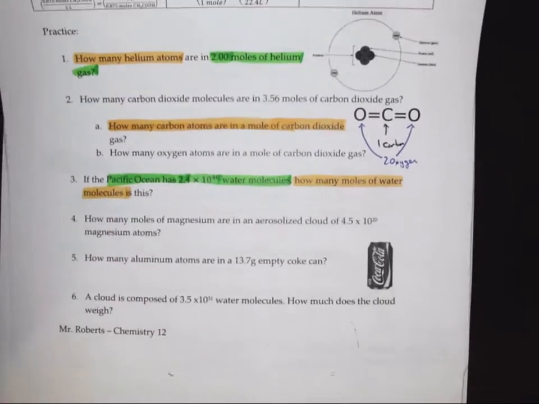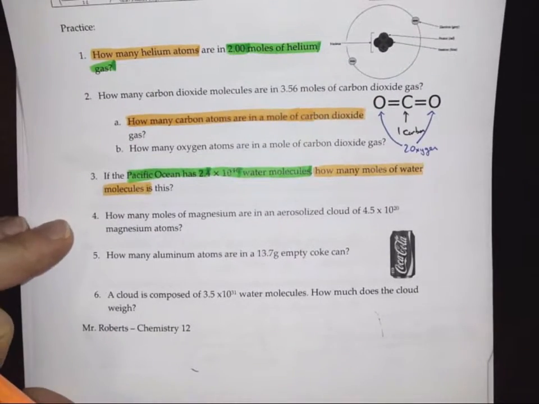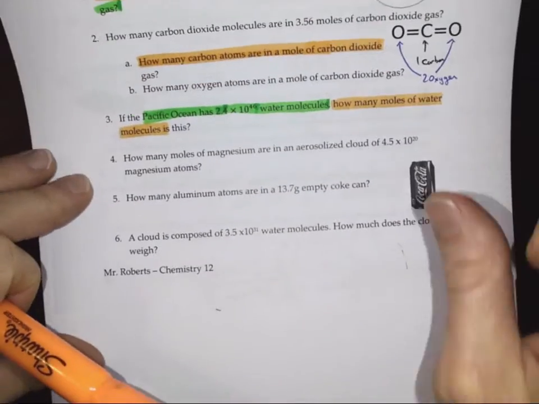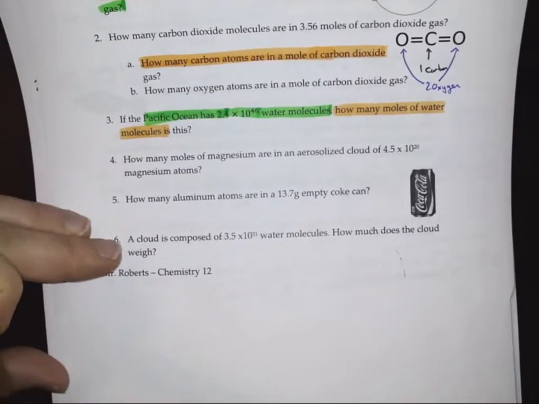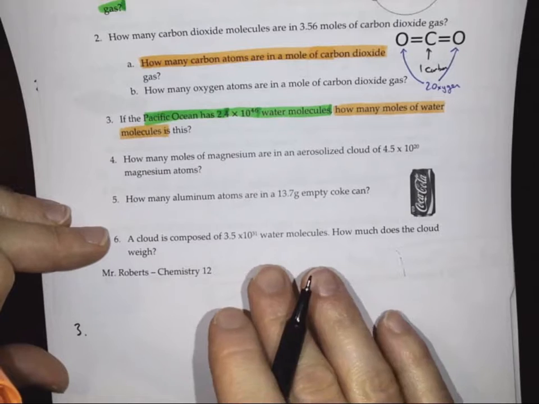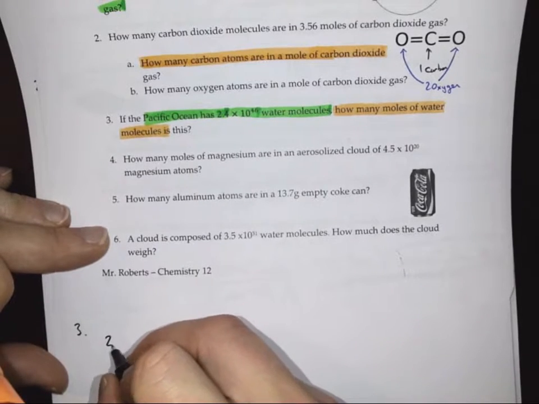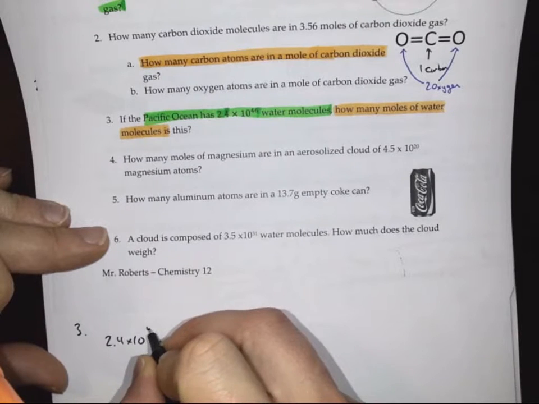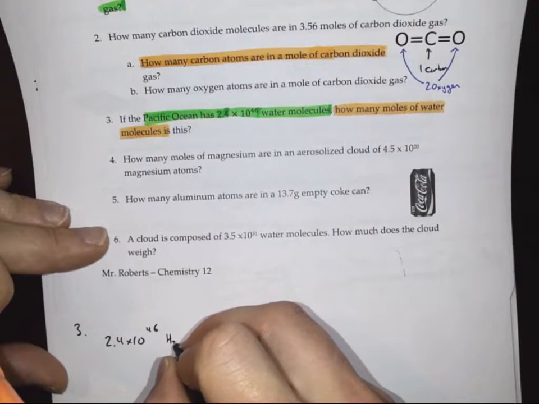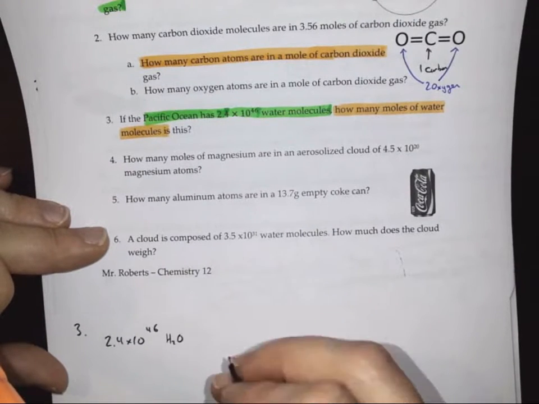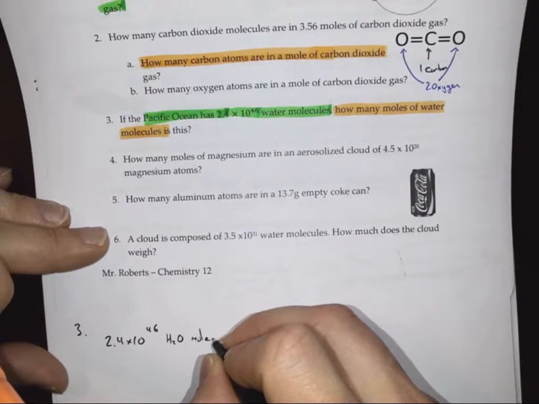So the first thing I'll do is write down the given value here. I'm starting with 2.4 times 10 to the 46 H2O, since I find writing H2O is faster than writing water molecules.